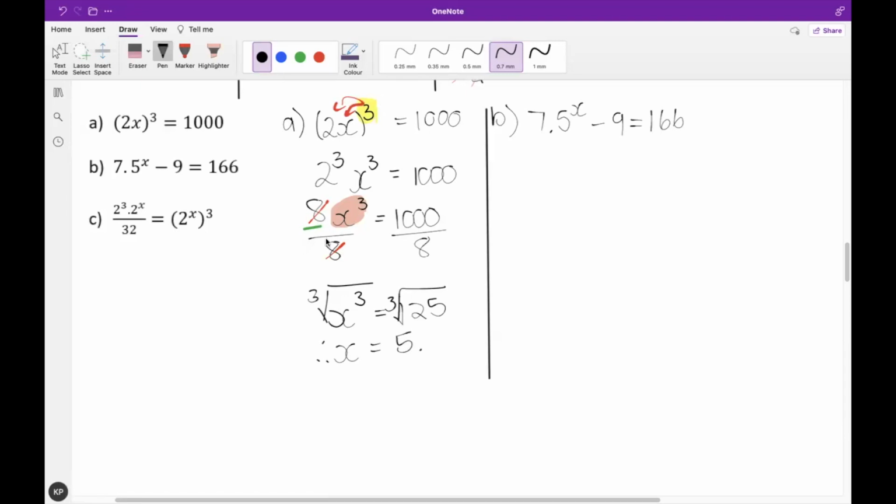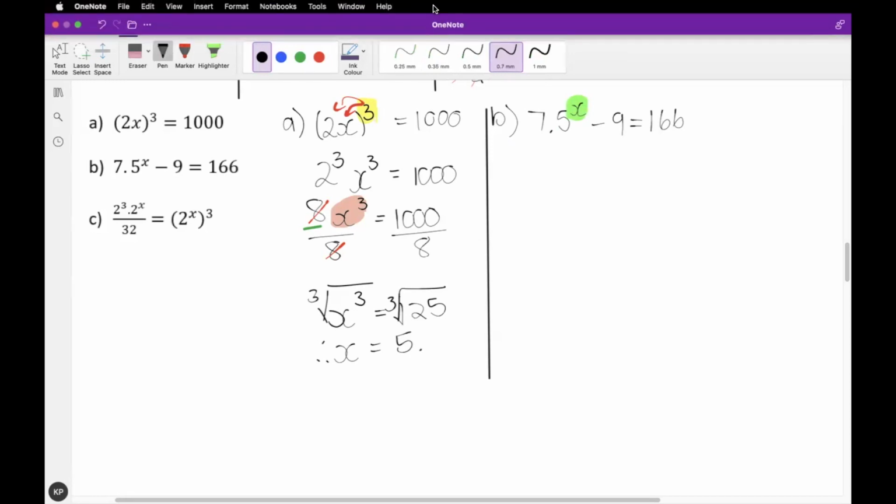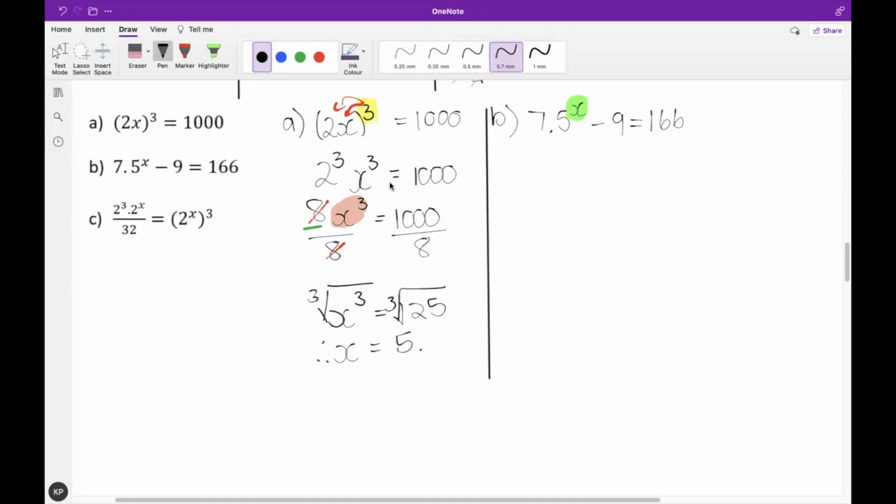Okay. So I want x to be on its own. There's x over there. What is the first thing on the left-hand side that I can get rid of? I see you guys say 7, but it's easier to get rid of this 9, not the 7.